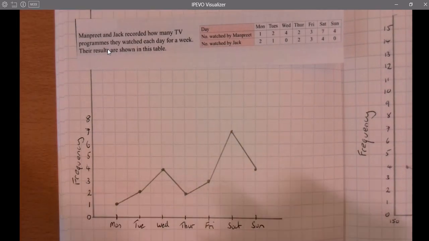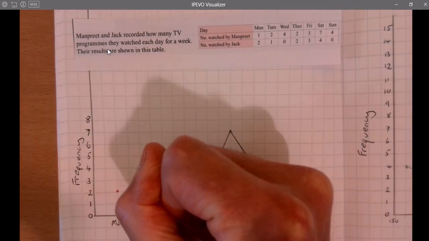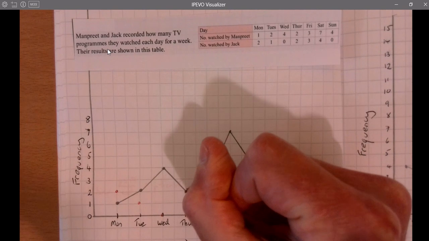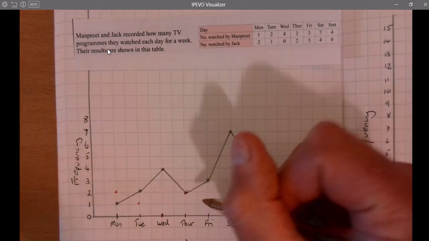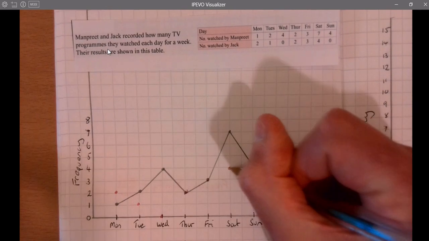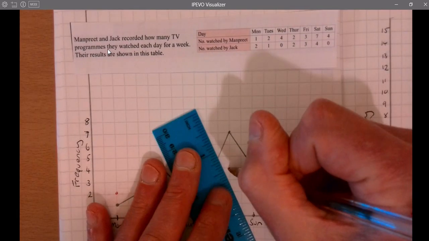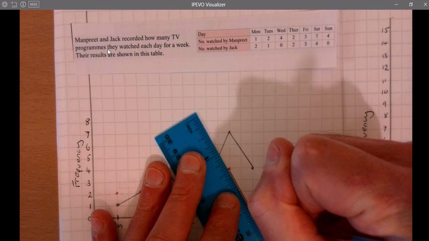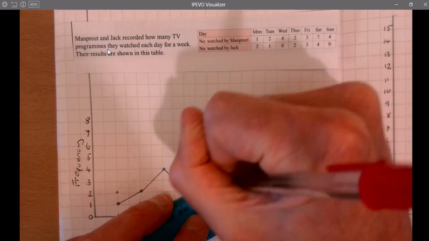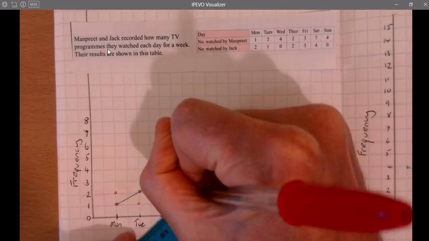So for Jack, Monday was 2, Tuesday is 1, comes down to 0 and 2 and 3, and then goes to 4, and then goes back down to 0. There we go. So actually it's not a bad way of getting more than one lot of information on the diagram.